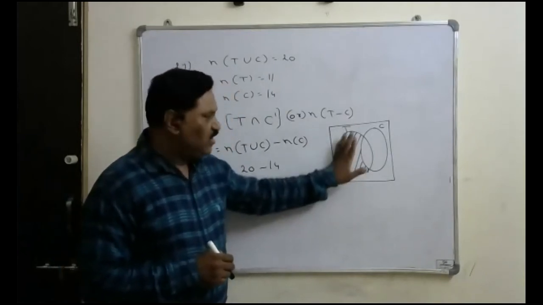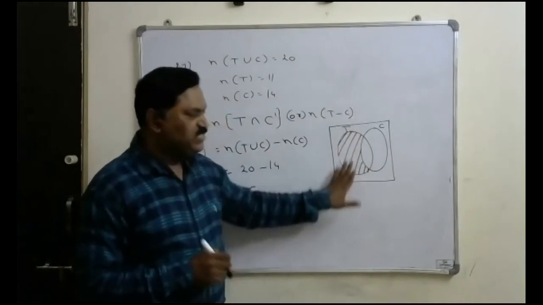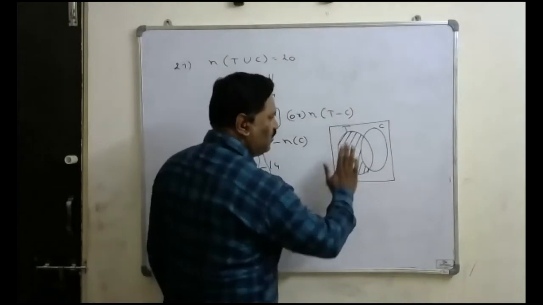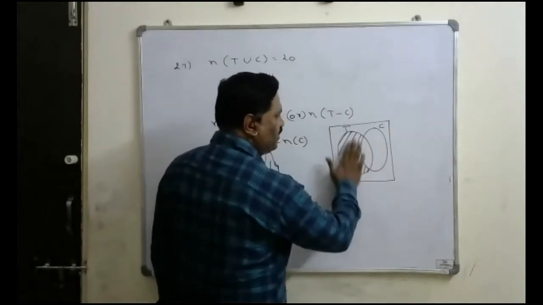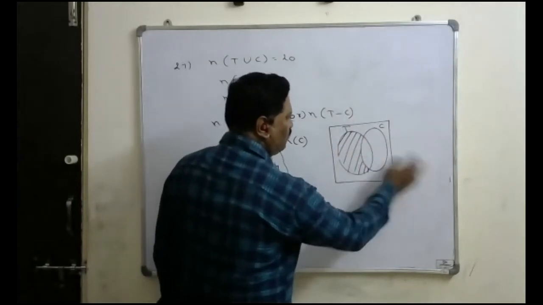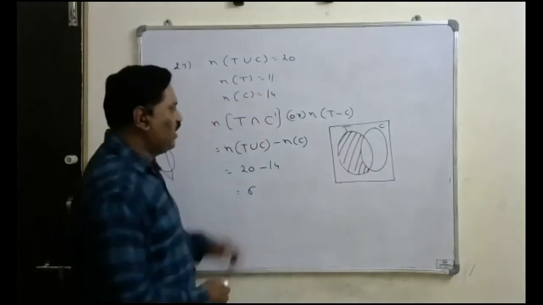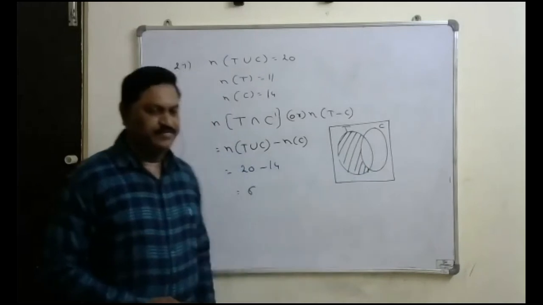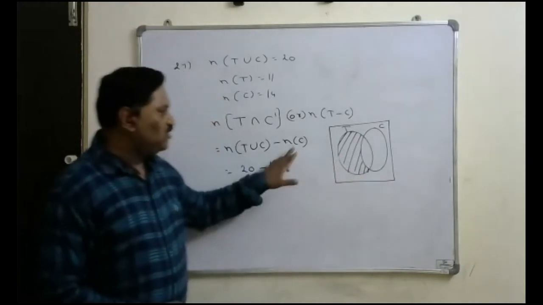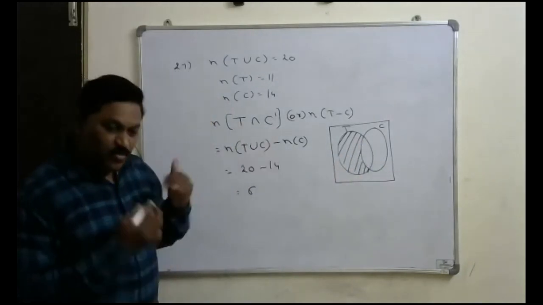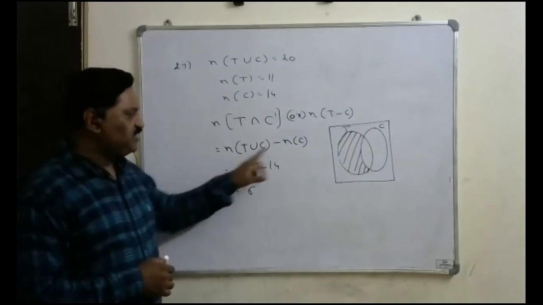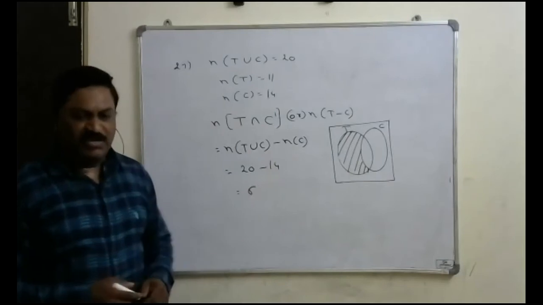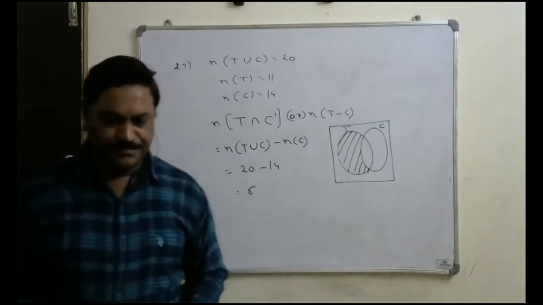To find this hatched area from the total area of T union C, if I subtract the C part, we get this. That's why it is N of T union C minus N of C. When we separate the C part, we get T only. That's the formula: 20 minus 14, so 6 members like tea only. Okay.